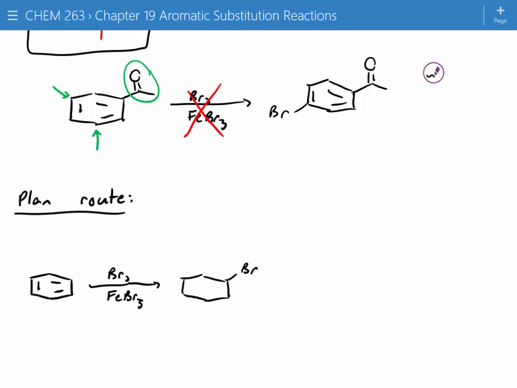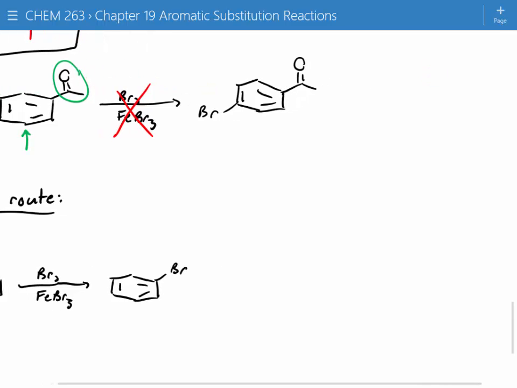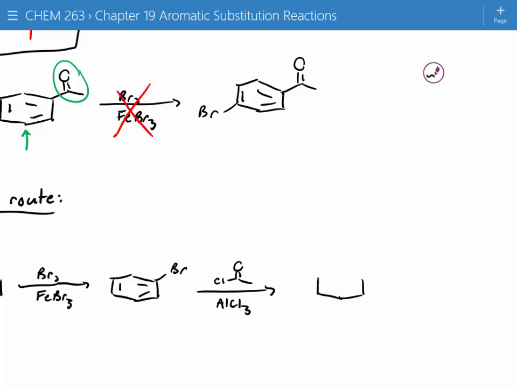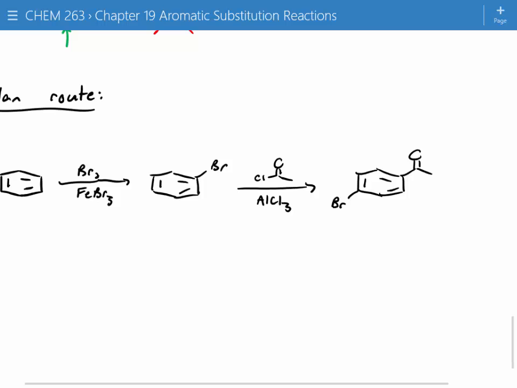I'm not going to show the mechanism. Then we can do Friedel-Crafts acylation. Actually, I'm going to flip the ring, but you'll get the same idea. They're going to be para to one another. And then last but not least, we'll do our nitration.